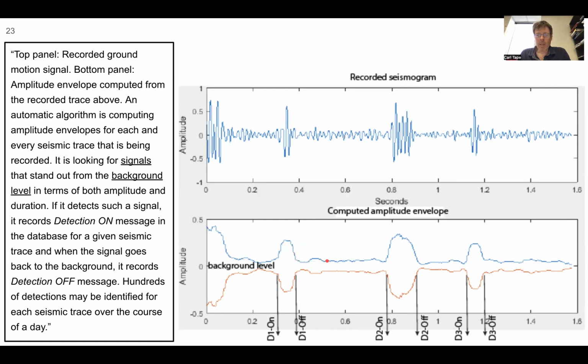And we're looking at places where this value exceeds some sort of background level, like signal to noise. And during that time, the computer will say detection on, detection off. Here's the second detection on, off. And as it says here on the left, this algorithm is looking for signals that stand out from the background. And this is the starting point for thinking about, were these earthquakes?